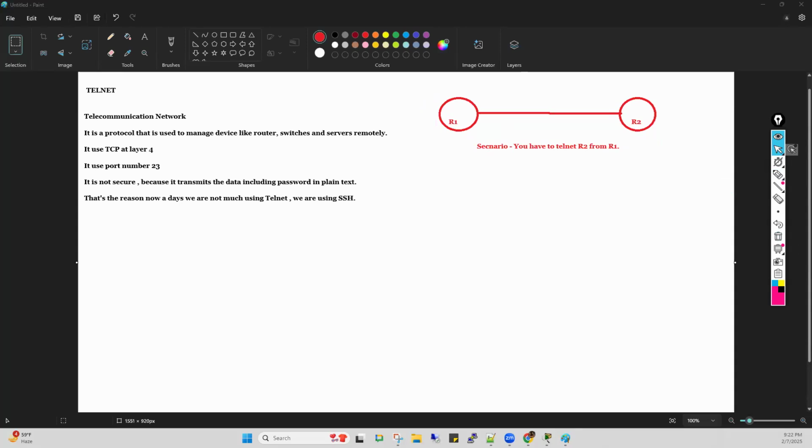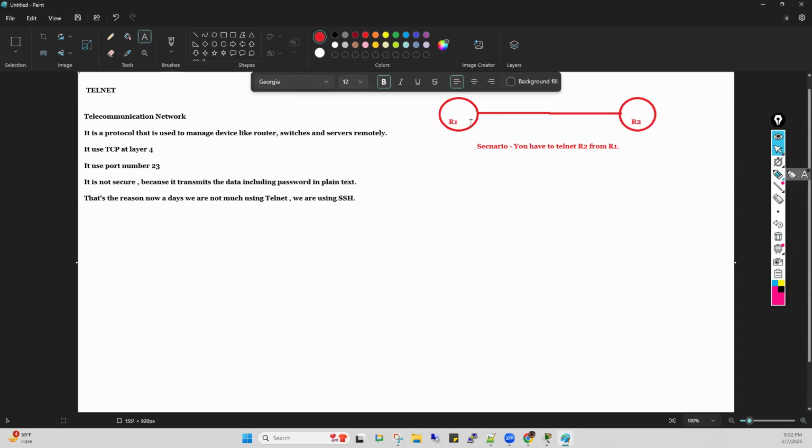Now how can we configure it? See guys, this is called the requester and this is called the target device. Why am I calling this device the target device? Because you are going to take remote of R2 from R1. So for R1, R2 is the target.